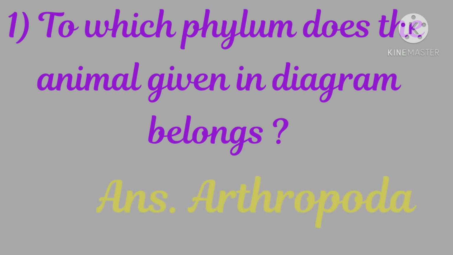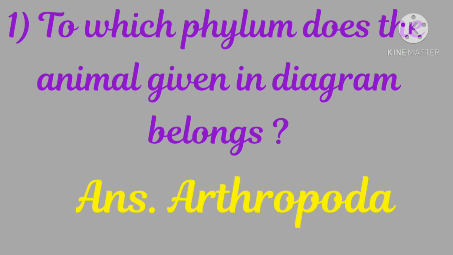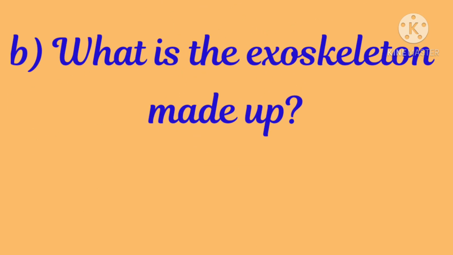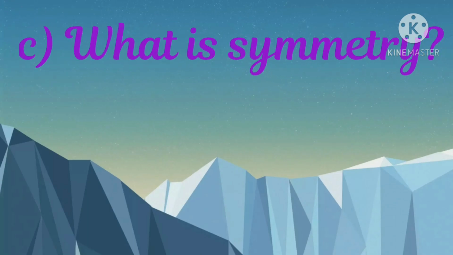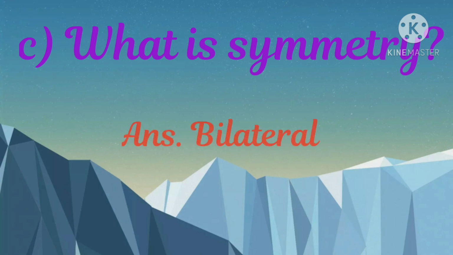Answer is phylum Arthropoda. B. What is the exoskeleton made of? Exoskeleton is made up of chitin. C. What is symmetry? The symmetry shown in this diagram is bilateral symmetry.